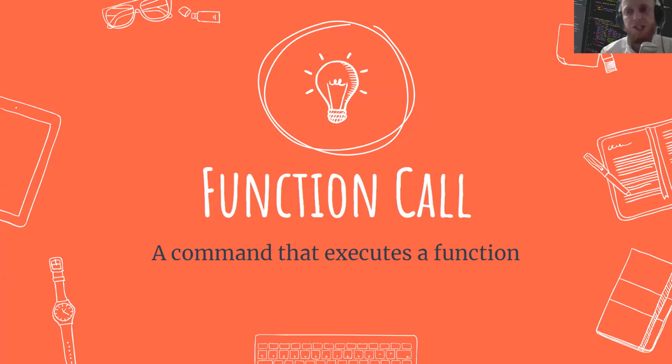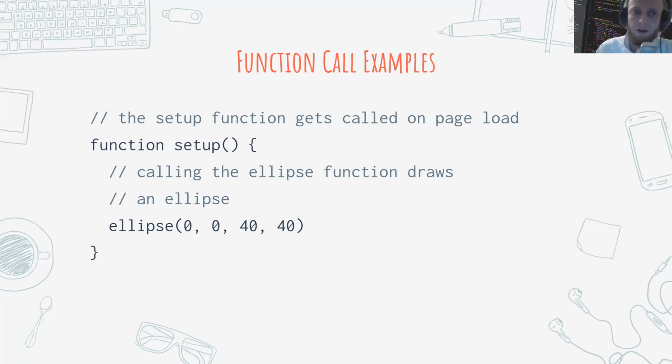Okay, last definition here, function call. Calling a function is executing a function. So a function call is a command that executes a function. It will run or execute the instructions defined with the function. So for example, the setup function gets called or executed when the page loads.